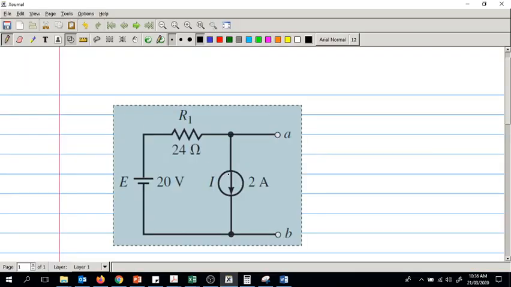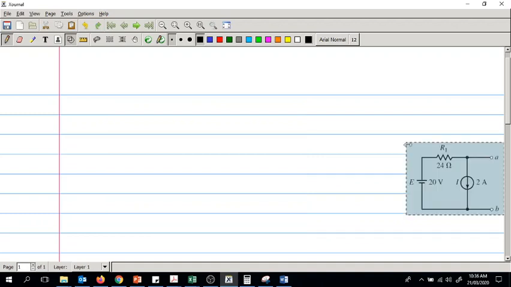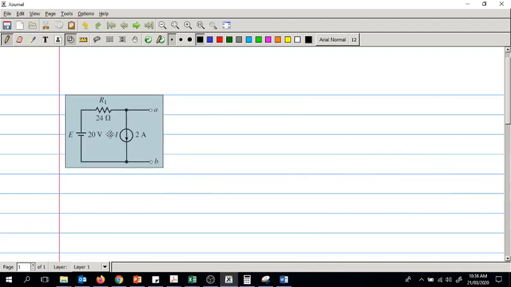Although I have left space in the PPT, I would like to do it in here so the steps can be easily seen and clearer. Okay, so what we need to do here is to first remove all the sources in order to find the Norton's equivalent resistance. So remove sources.